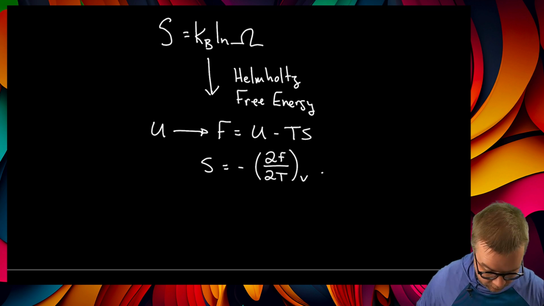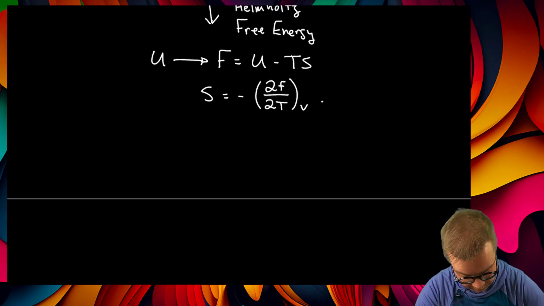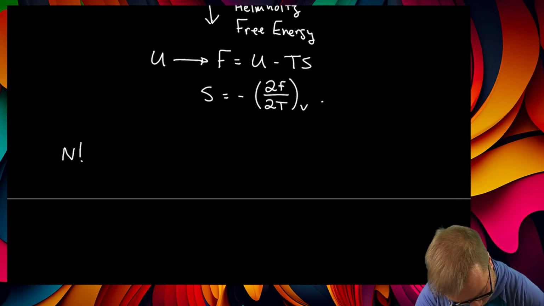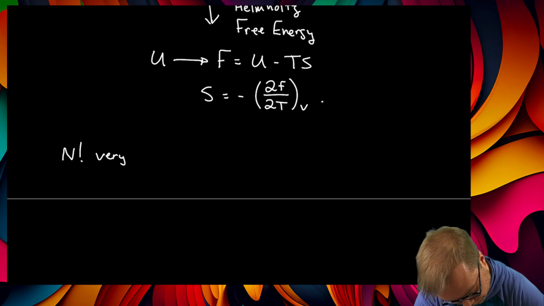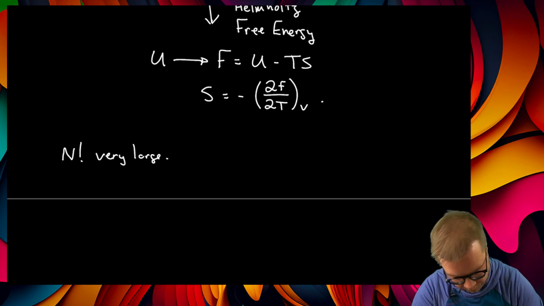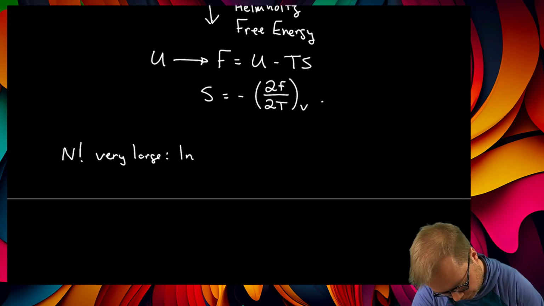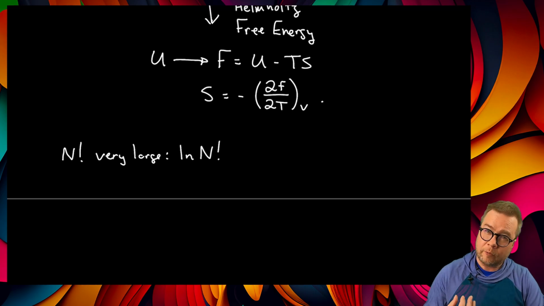Okay, so let's do this. The first thing is to think about the fact that we're dealing with really large numbers here, things like n factorial, which are very large. More specifically, we're looking at the natural logarithm of something very large, which is a little more tractable.